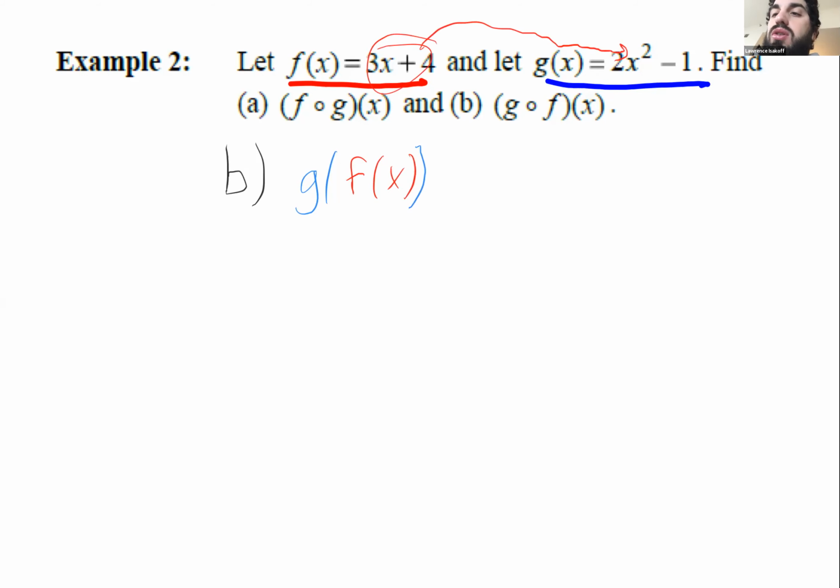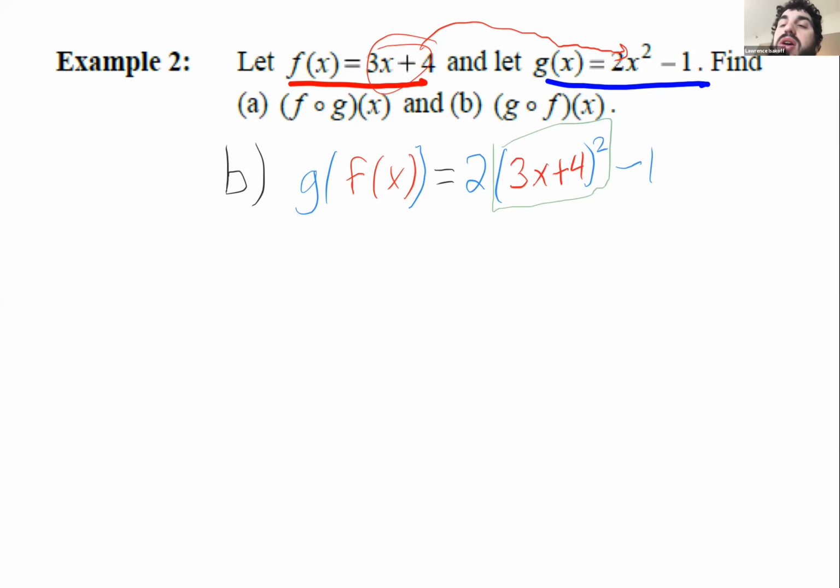It starts off with 2, and then it says x, but remember instead of x, I need to plug in f of x. So I'm going to plug in 3x plus 4, and I'm going to square that, and then minus 1.